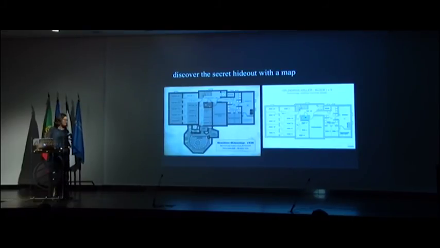Also, to discover the secret hideout with a map, they have to combine two kinds of maps from 1939. There's an old map, there could be a room, there could be a secret hideout, and there could be a lesson about the time when the tribute were living.